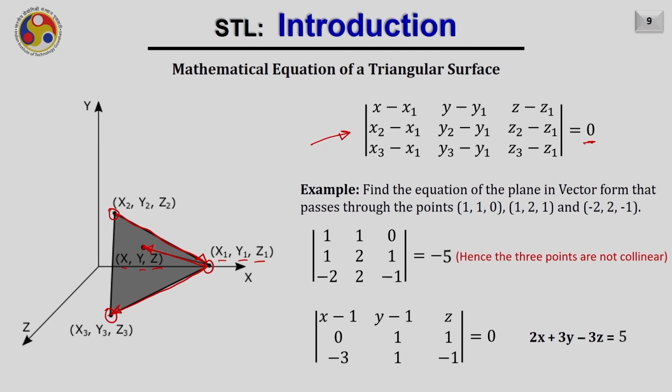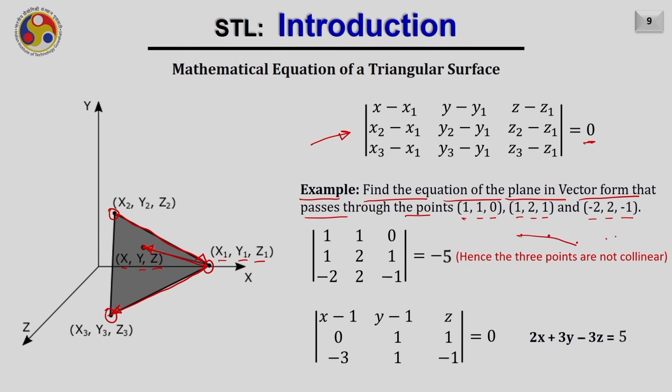Now, let me give you an example. The question is to find the equation of a plane in the vector form that passes through the points (1, 1, 0), (1, 2, 1), (-2, 2, -1). First of all, we shall check whether these 3 points are collinear or not. If they are collinear, definitely a triangle cannot be formed.